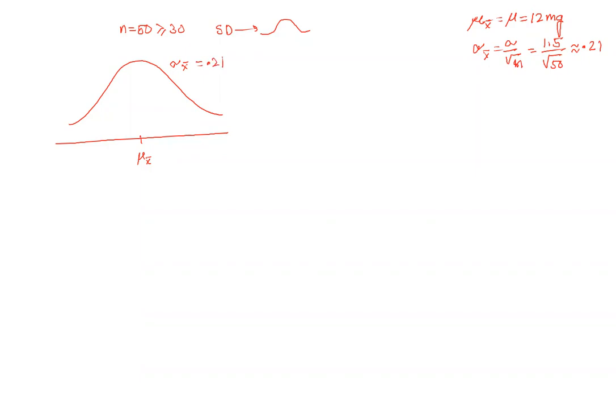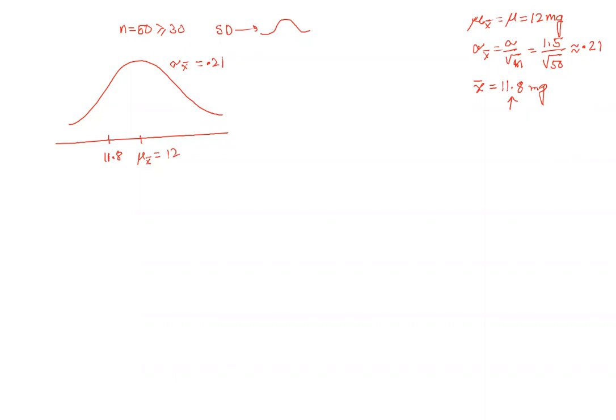Now, the problem basically boils down to this: you went out and you found the average for 50 cigarettes to be 11.8 milligrams, all right? 11.8 milligrams. And then if they didn't do anything, what are the chances that you will find 11.8 or less for the average? So mu sub x bar is 12. So 11.8 is somewhere here, 11.8.